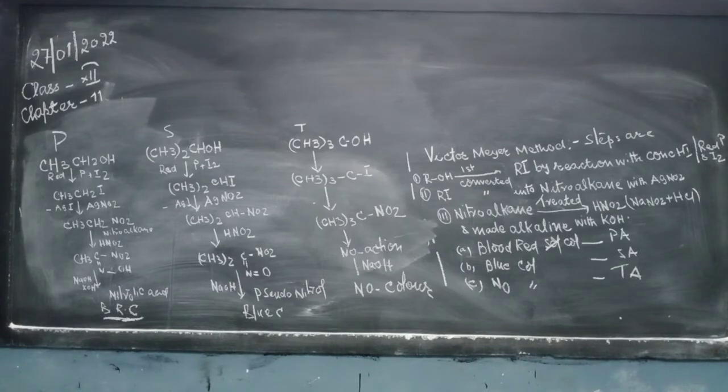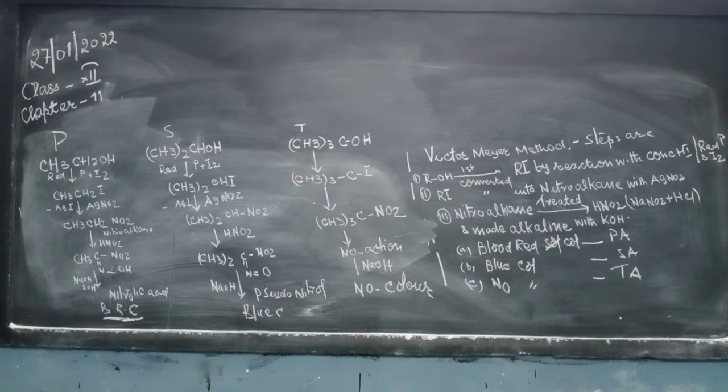Nitroalkane is further treated with HNO2 and the resultant solution is made alkaline with the help of sodium hydroxide or potassium hydroxide. Blood red color appears. That blood red color is that of nitric acid.